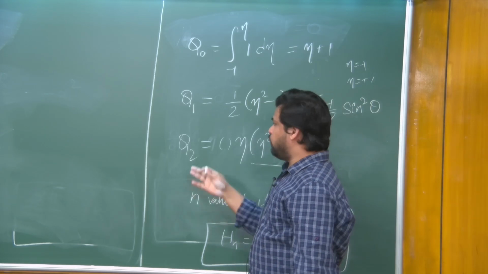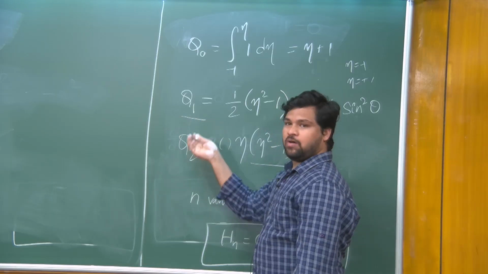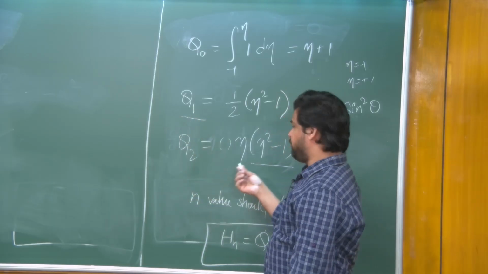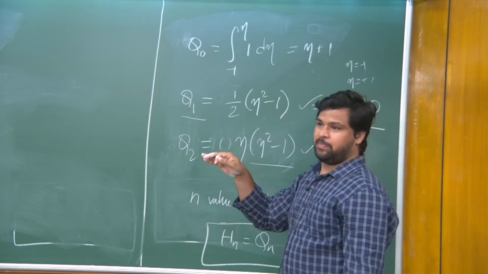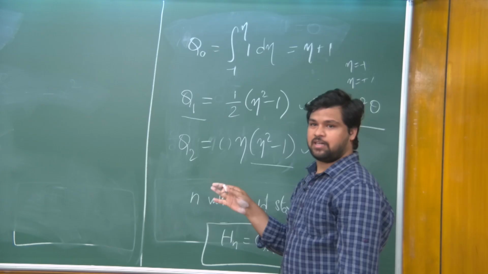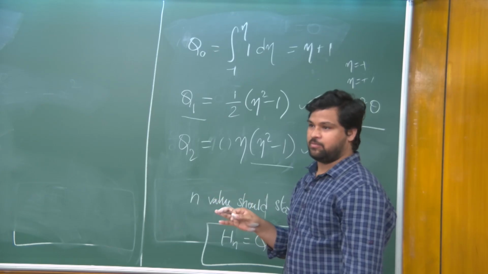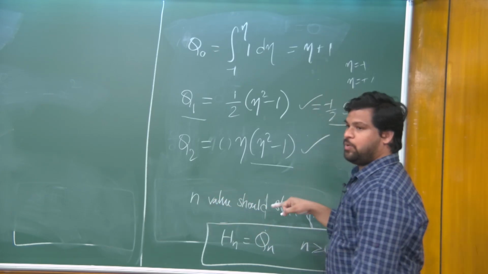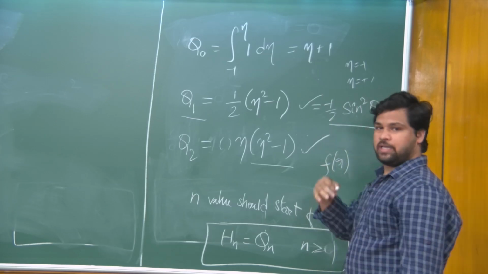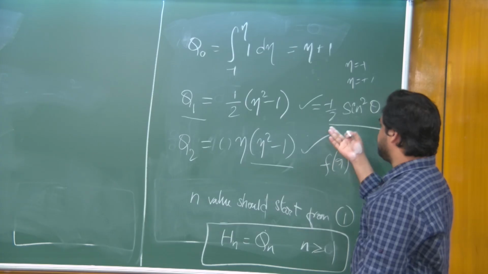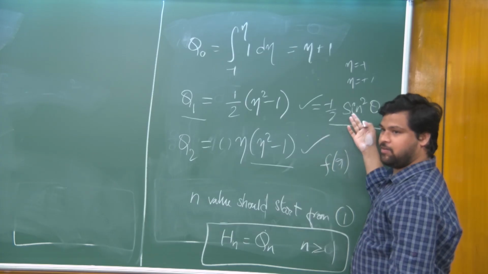So at the end only the first term will contribute, all others will be 0. It will be half sin square theta, and the other function will be r of r, which does not contribute any eta value. That is why in the solution we assume f of r, some function of r, we do not know what that function is, but the theta dependency will be sin square theta only.